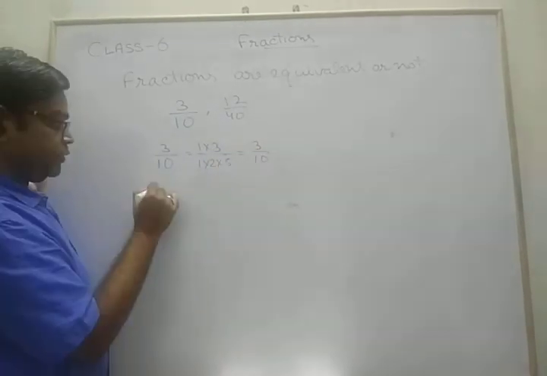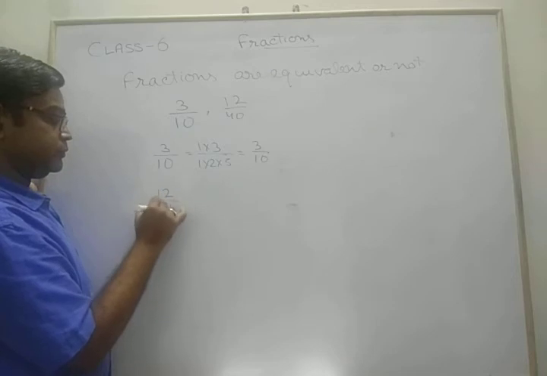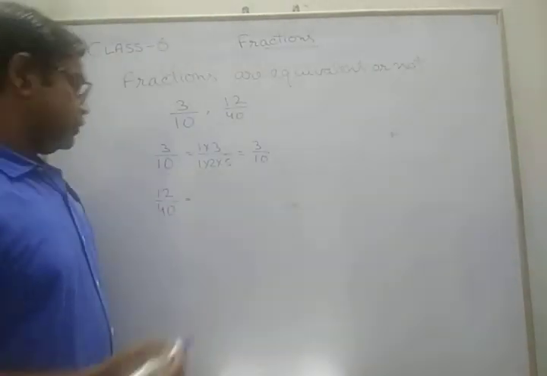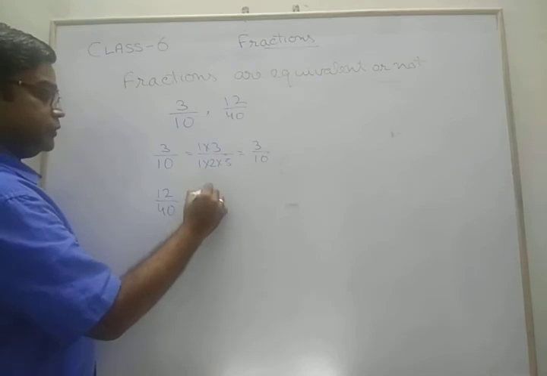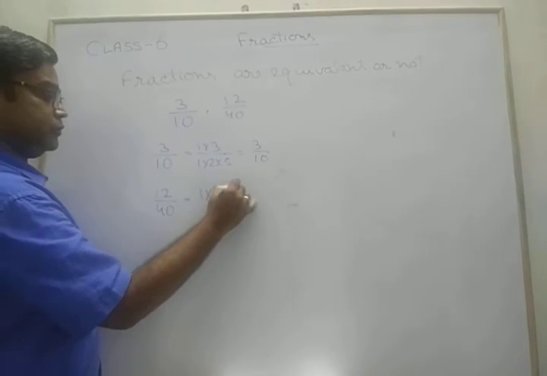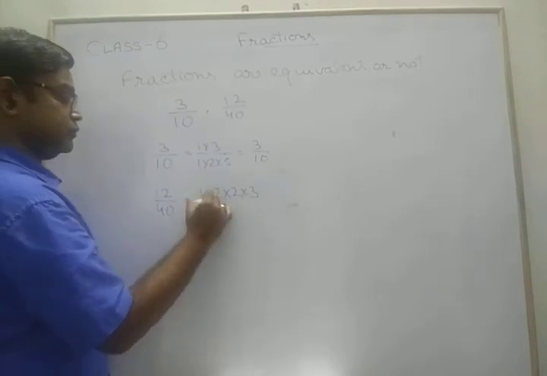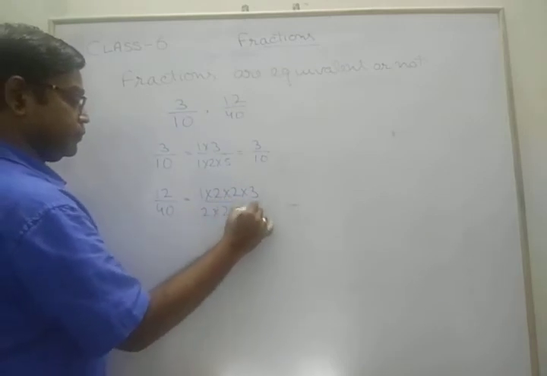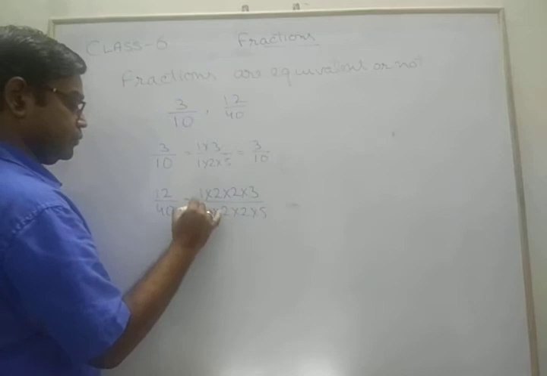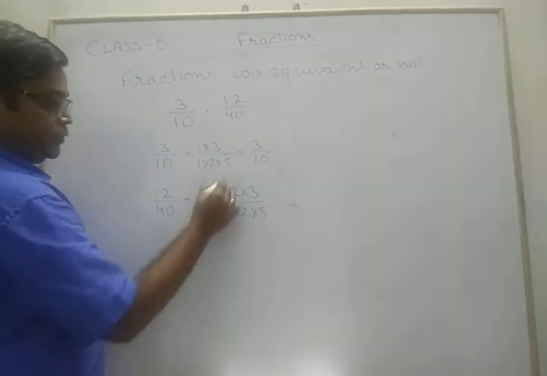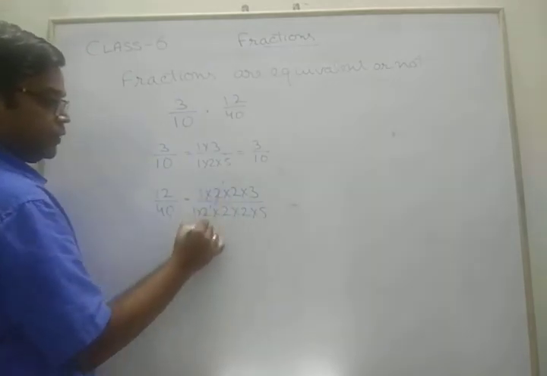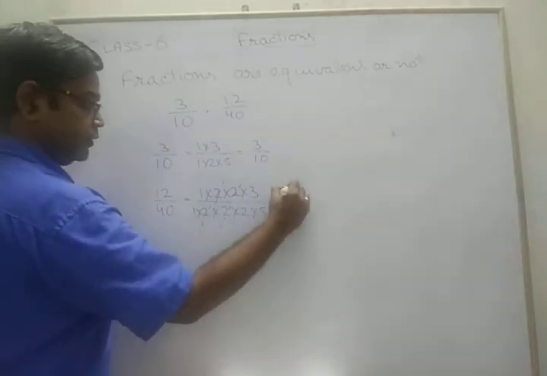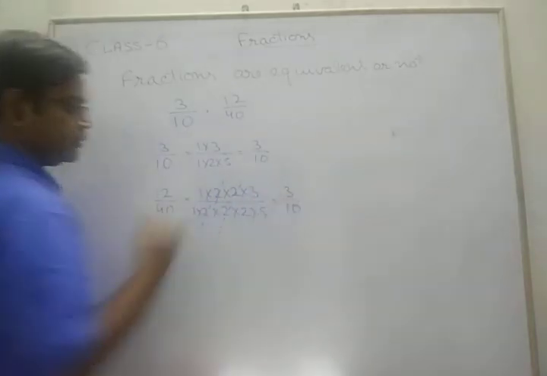Now, in the case of 12 upon 40, what must we check? The common factors cancel each other. What we have is 3 upon 10.